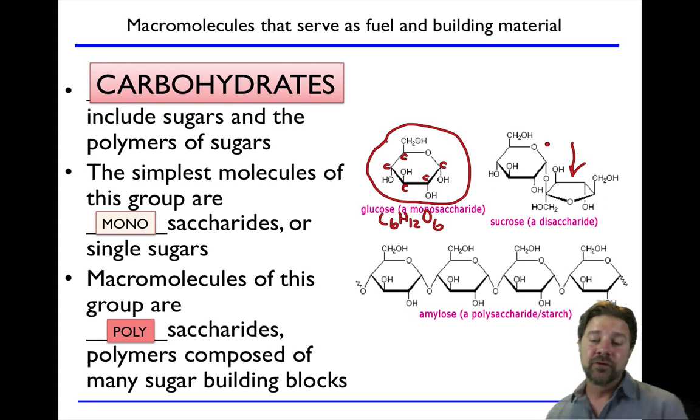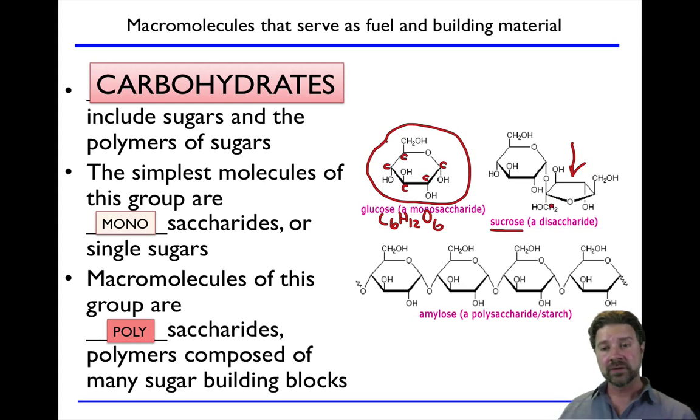This is called fructose. So here we have glucose and fructose coming together to form a molecule called sucrose, which is a disaccharide. So there's two single monosaccharides bonded together right in the center to make a disaccharide.